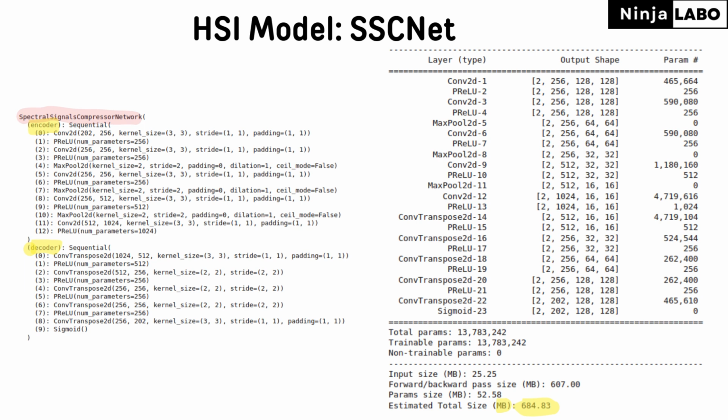For the DNN model, HySpecNet-11k comes with a pre-trained model called SSCNet, Spectral Signals Compressor Network. This model is designed for image data compression.